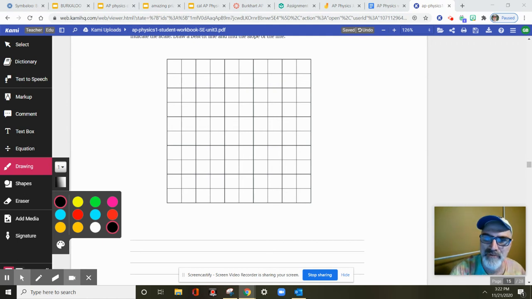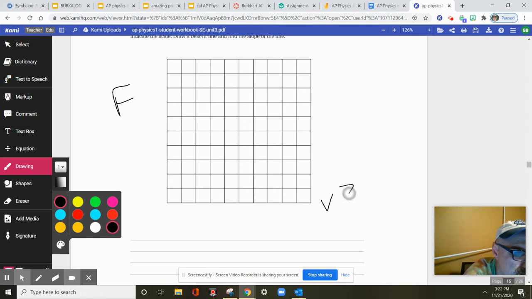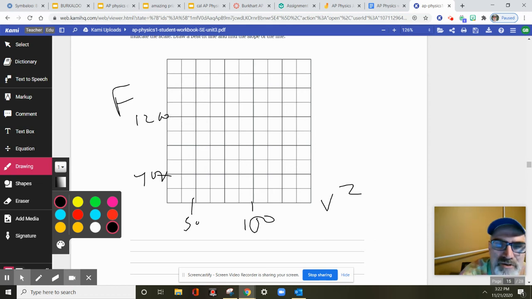All right, and so if you graph the data, you get a graph. This is the force, and this is the v squared on this axis, and that's 50, so that's 150, and that's 400, so this 800, that's 1200. So that just gives you a frame of reference.